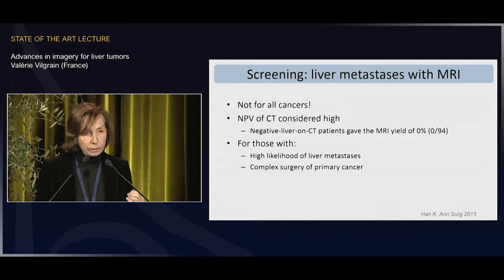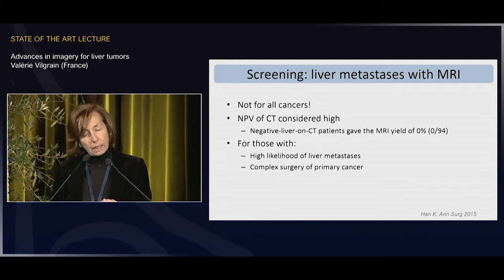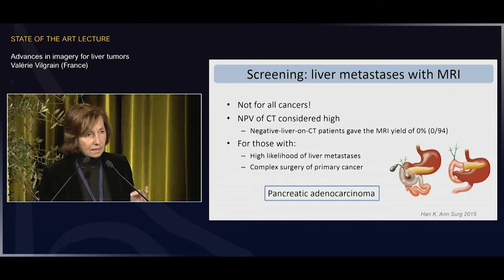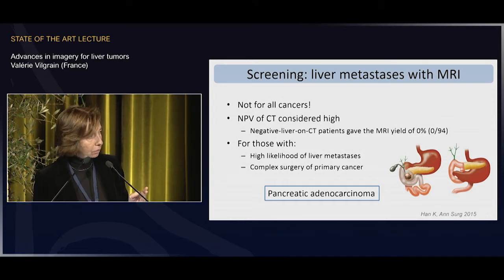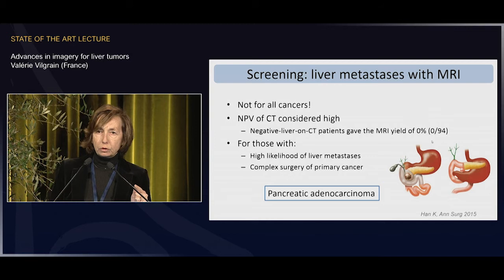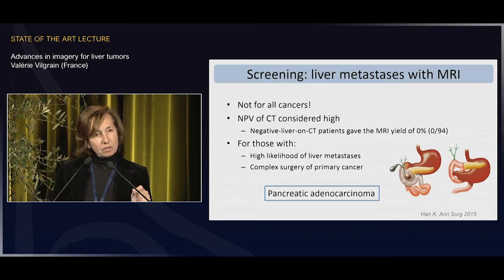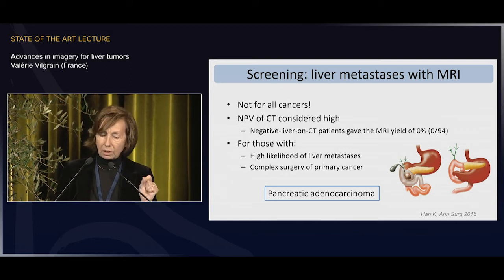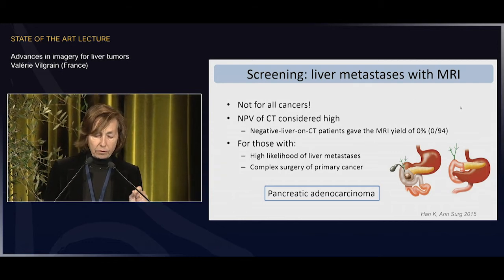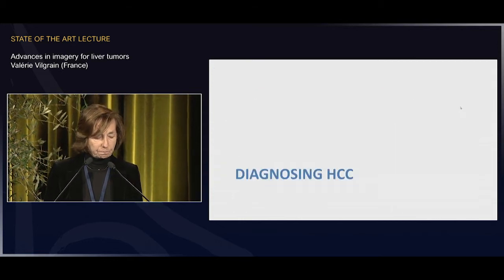And there is really a very good example with strong evidence now with patients having resectable pancreatic adenocarcinoma in whom MR performed after a negative CT is able to show liver metastasis in 15 to 20% of the cases. So certainly not in all patients, but probably in this very dedicated patient population.